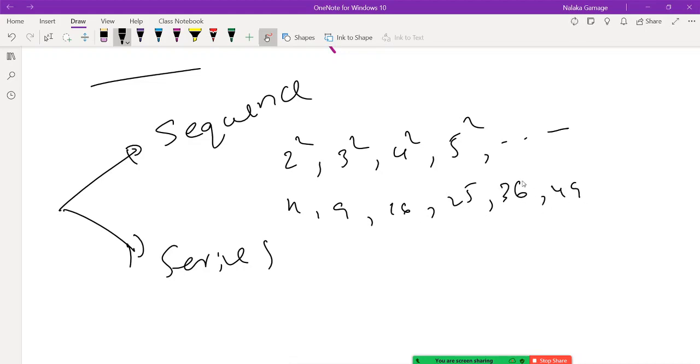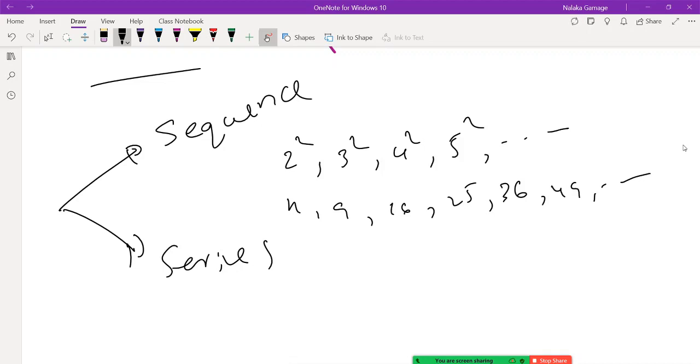If you can keep telling the next one forever, it's a sequence. If it stops somewhere, say after 100, it's a finite sequence. But if it goes forever, with no limitation, it's an infinite sequence.